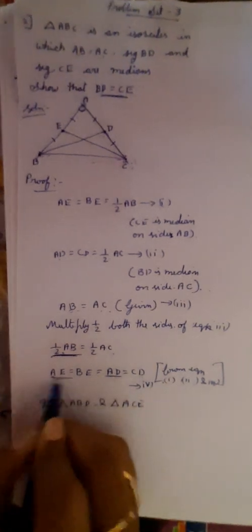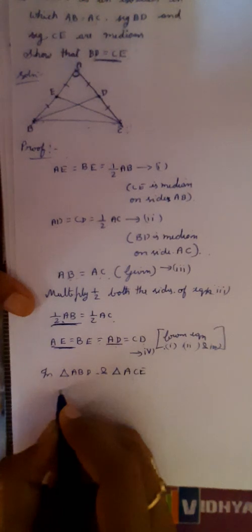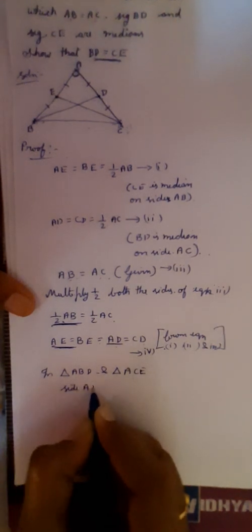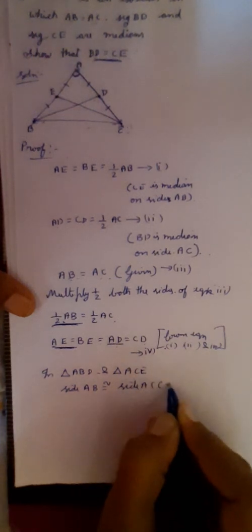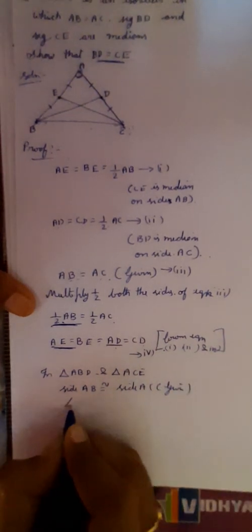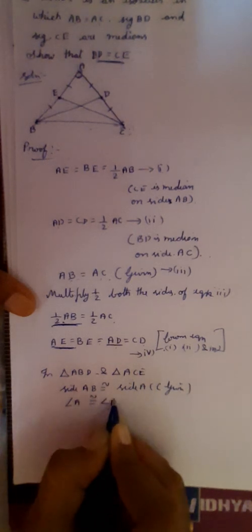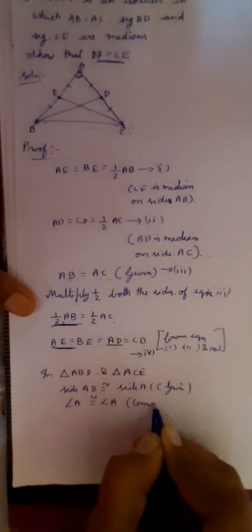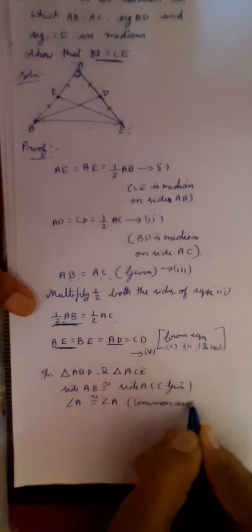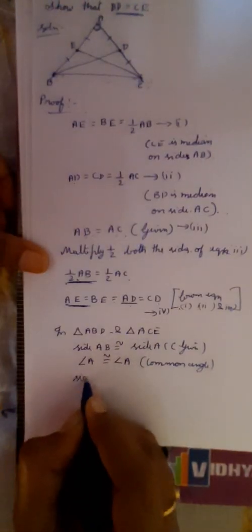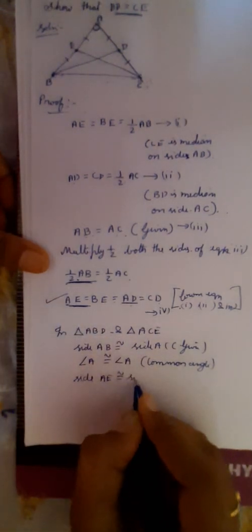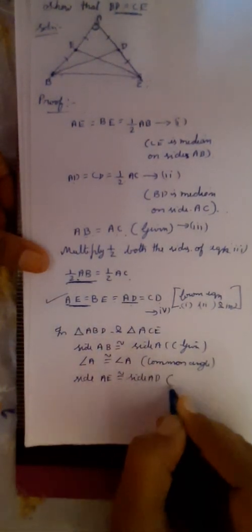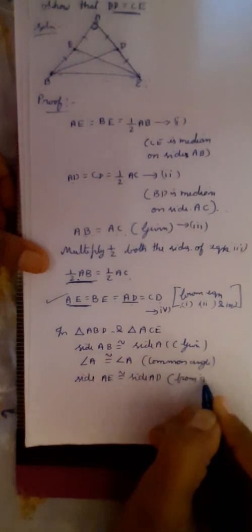So side AB is congruent to side AC. This is given, and common angle A, and next side AE is congruent to side AD from 4.